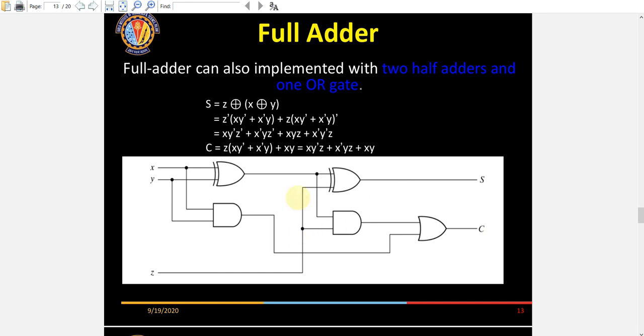So this full adder which we made using 2 half adders has lesser hardware. It has got total only 5 gates, but the carry delay is 3, right?